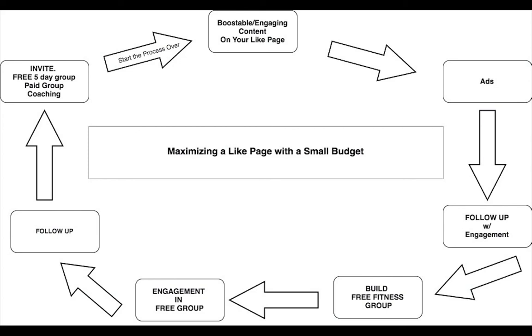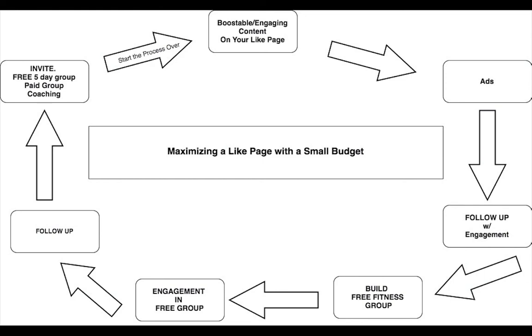But it also means coming up with engageable content on your like page. That sounds fancy, but it's just coming up with things that your target market is going to like or comment on on your Facebook page.